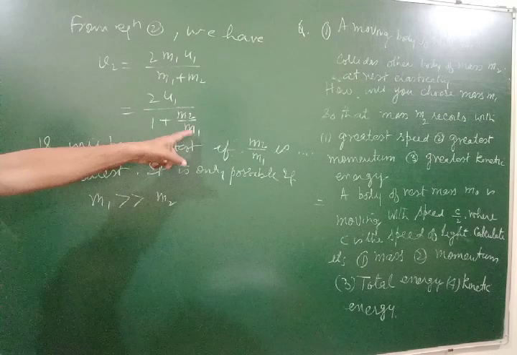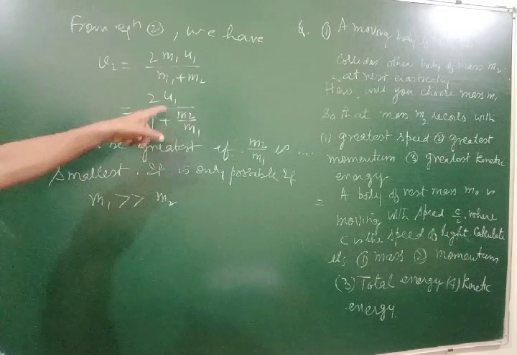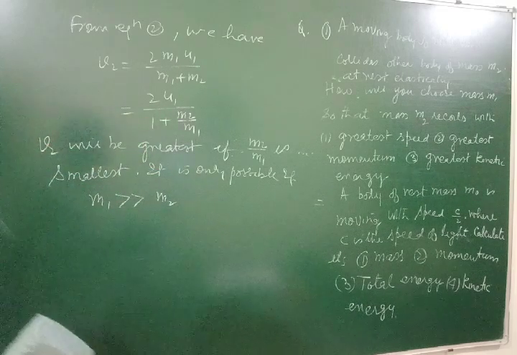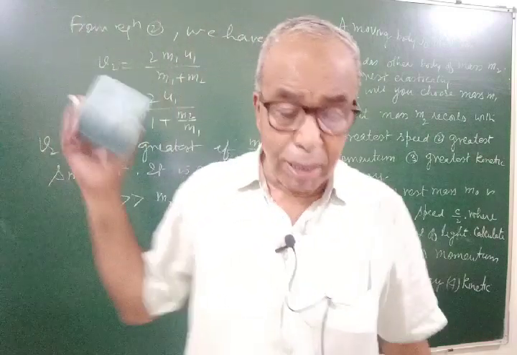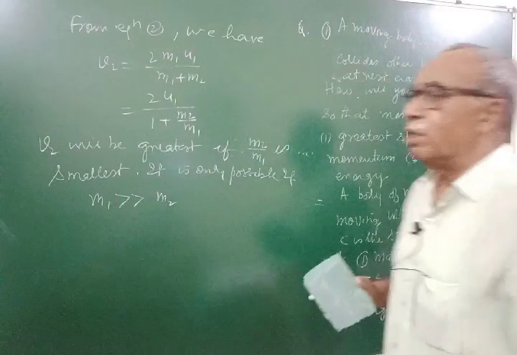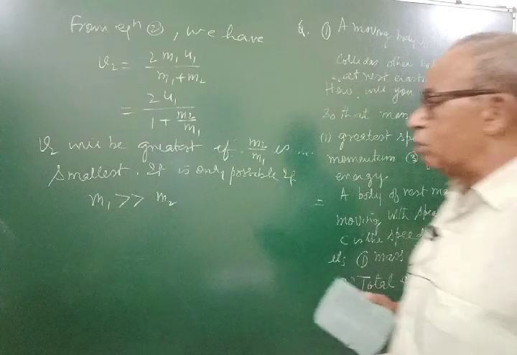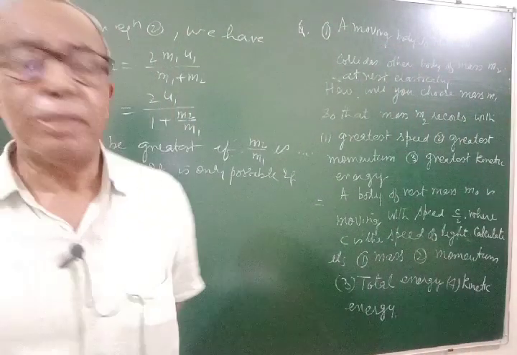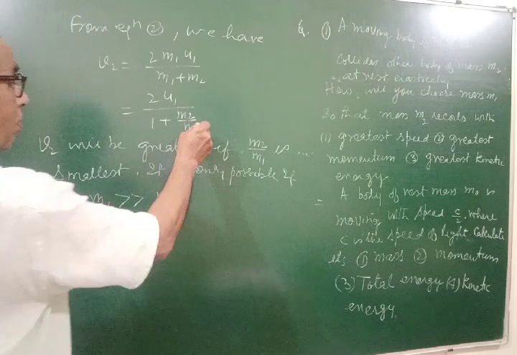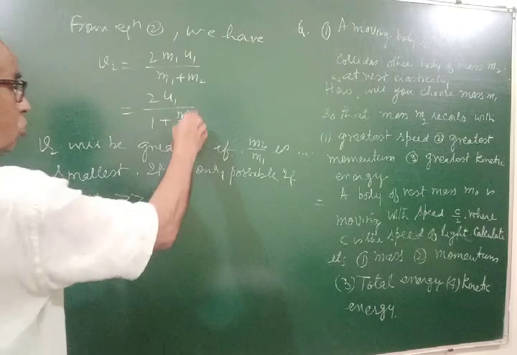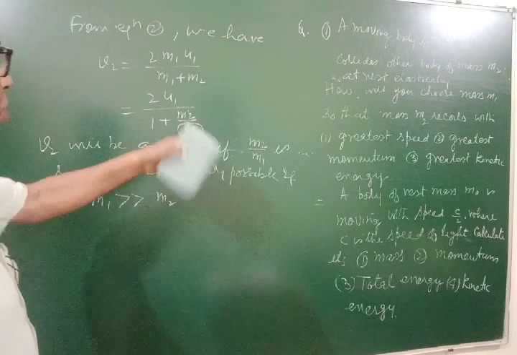Then if we take it as infinite, v2 becomes 2u1, twice the speed. I gave the solution while discussing the special cases of head-on elastic collision. I think you have got it. But if m1 is very large, this ratio m2 upon m1 will be much smaller than 1, negligible.